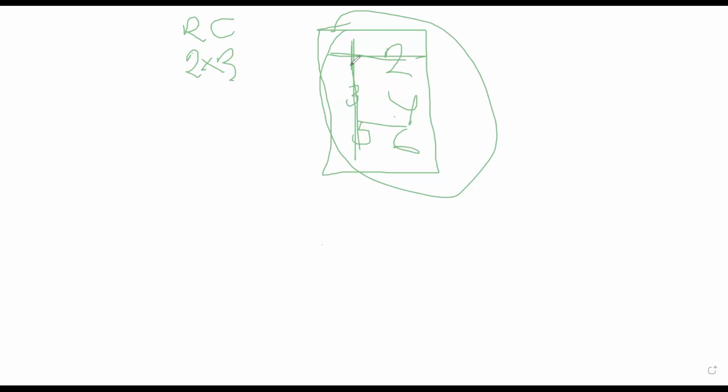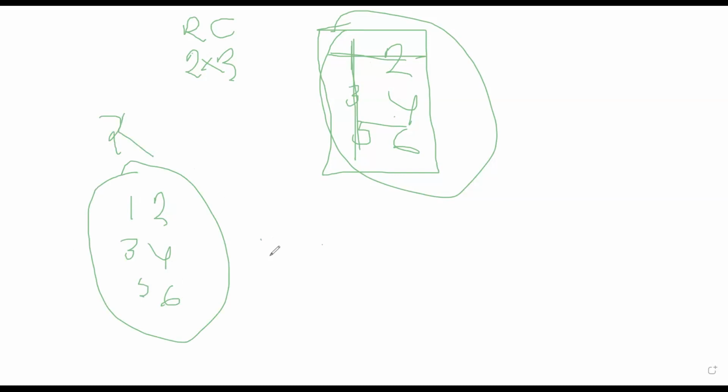In Python, if I put 1, 2, 3, 4, 5, and 6 and assign this to X, and I want to query it, Python starts with 0 indexing, so it would be 0, 1. But R does not start with 0 indexing. R starts with 1 and 2.